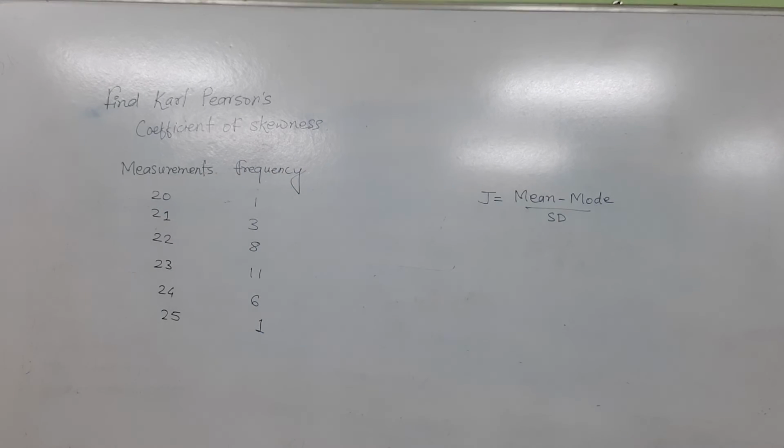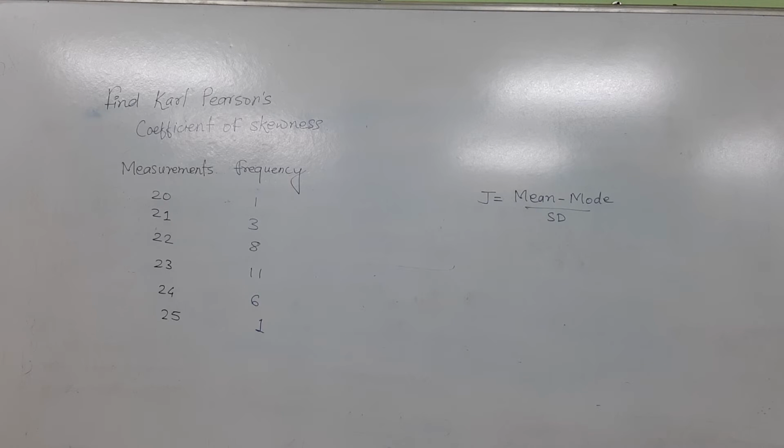So for finding this, we have to calculate the mean and identify the mode, and then we have to solve it. Generally we have to find both the absolute measure and the relative coefficient of skewness also.